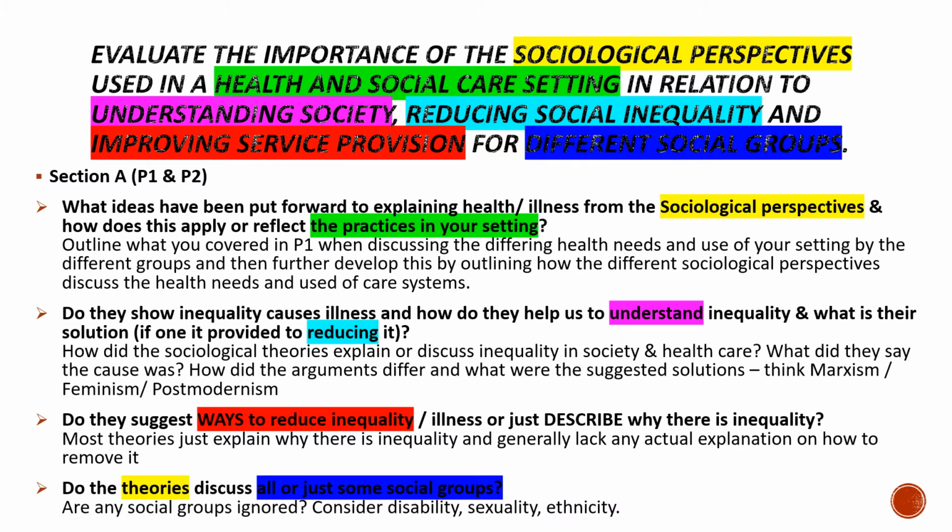So, think about, does it consider disability, sexuality, ethnicity? There are sociologists who talk about disability. So Tom Shakespeare is a really key one there, who talks about disability and society. But Marxism, feminism, those theories, do they cover these topics like disability, sexuality, and ethnicity?